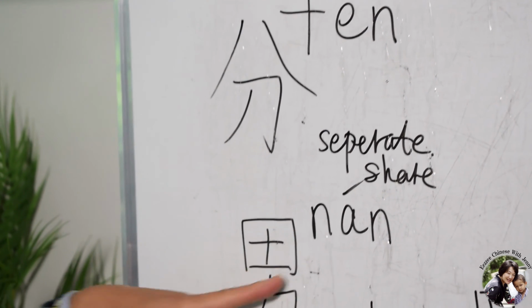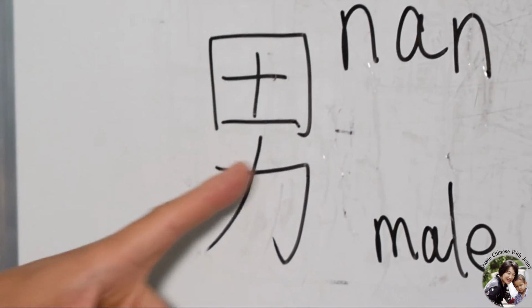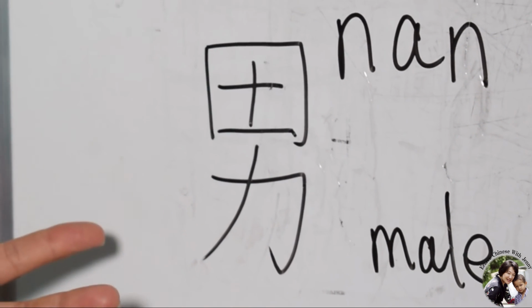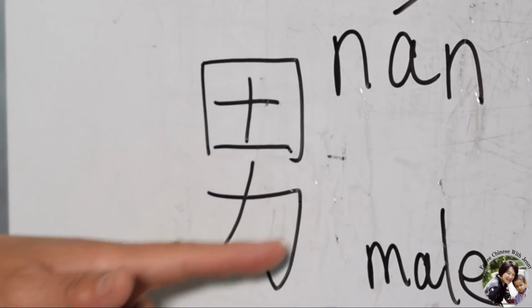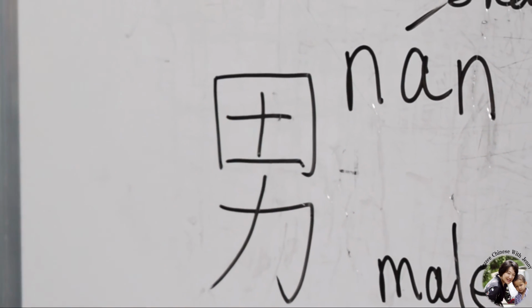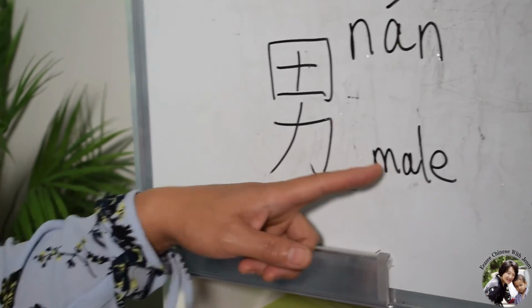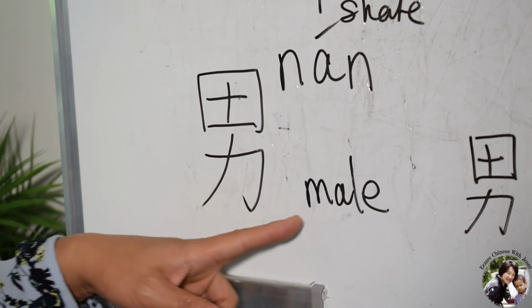How about this? 田 on the top means the farmland, right? This means labor or strength or power. So the labor in the farmland is a male. In the past, it was always the male working in the farmland. So labor in the farmland means a male.